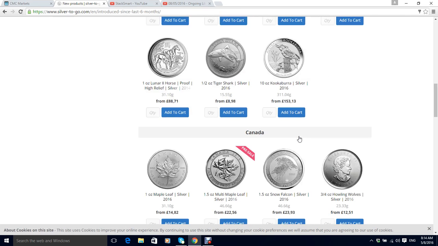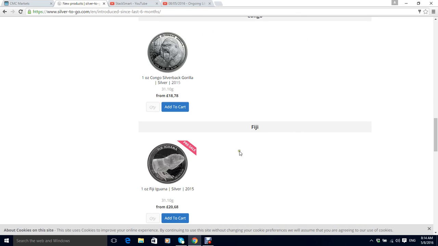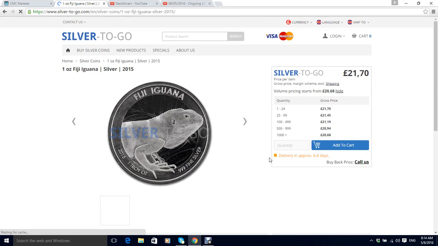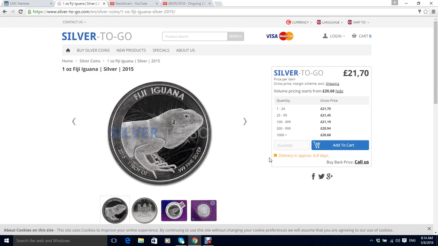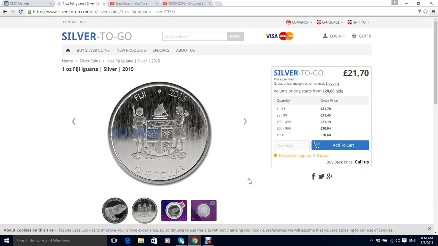Let's see if I can find, here we go. The Fiji iguana that have gone on pre-sale. I think they're a bit steep on premium, probably like £5 or £6 on premium, which is dear. But they do look like they're going to be a very good coin. So the elephants and the iguanas are my top tips for today.